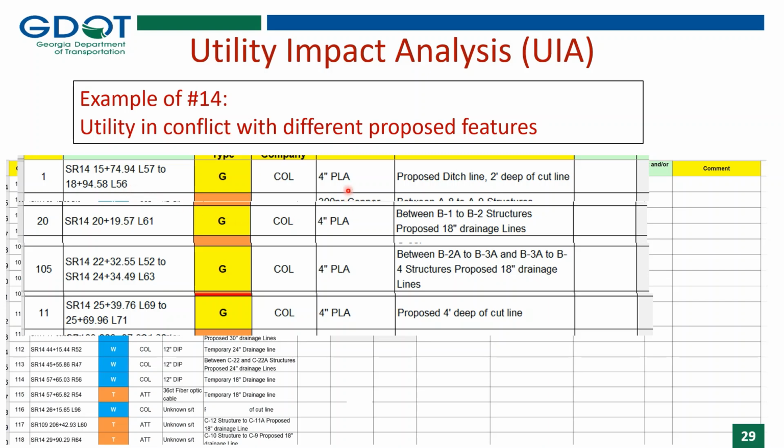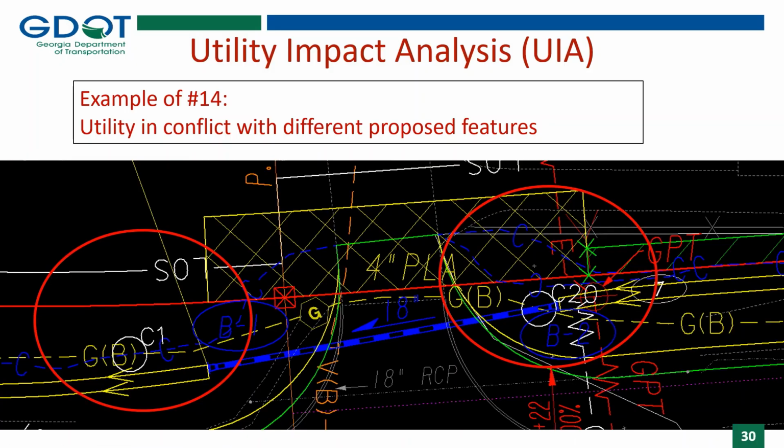It's a 4-inch plastic gas line, and the conflicts are the proposed ditch line and the cut line. And this is how it'll be displayed in the UIA. As we follow that gas line further, here's where the conflict C1, the gas line is in conflict with the cut line.